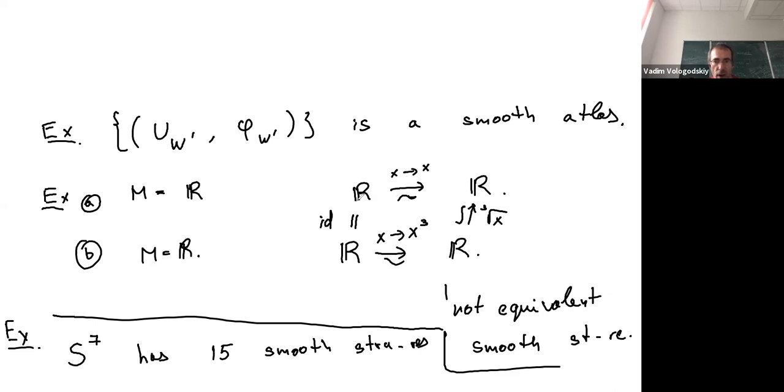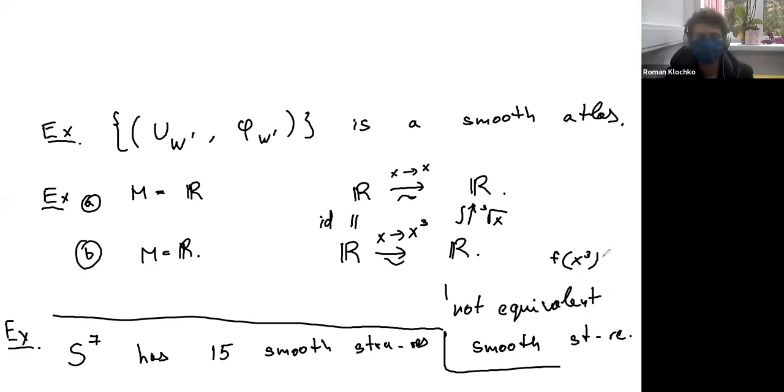So function f is smooth if it has all derivatives in the usual sense. If you look at the ring of smooth functions for the other smooth structure, it consists of all continuous functions such that f of x cubed has all derivatives.